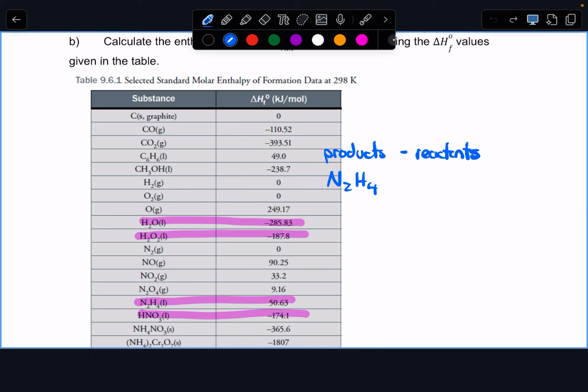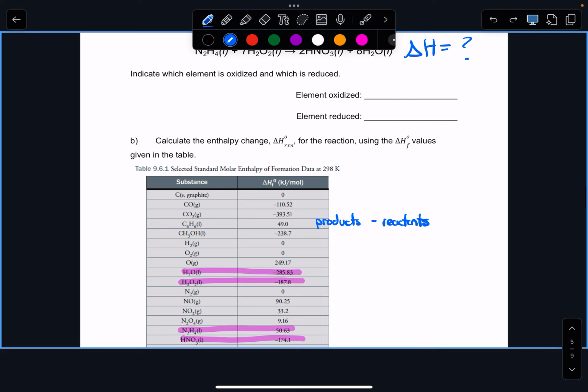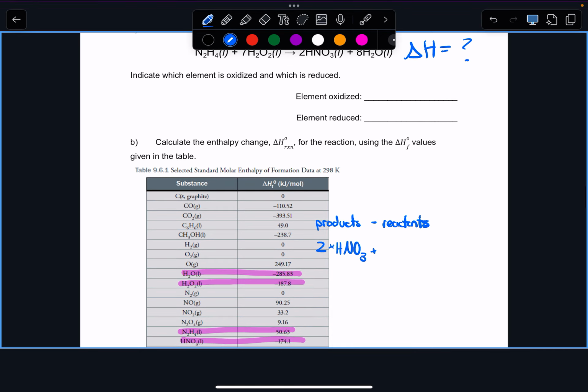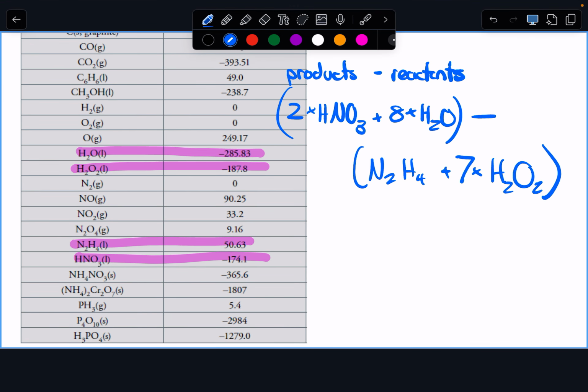There are lots of weird sign changes here, so just make sure you use the number as it's written.